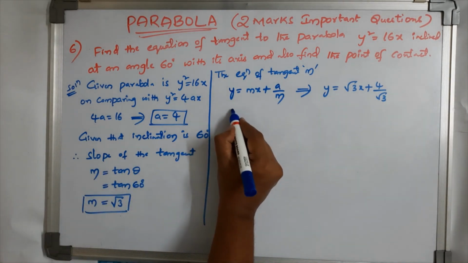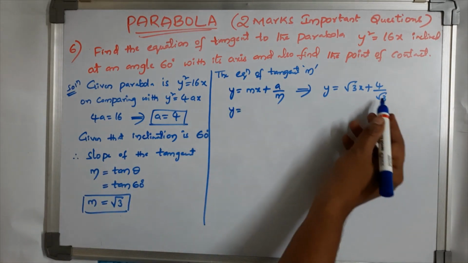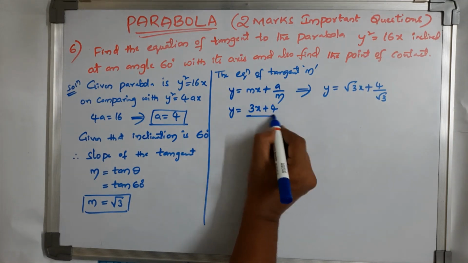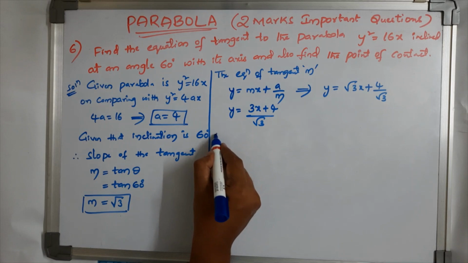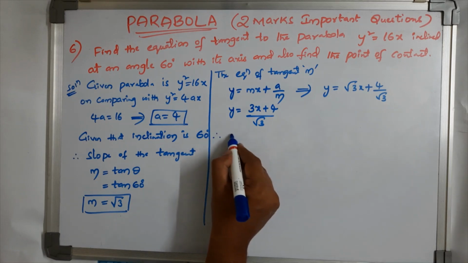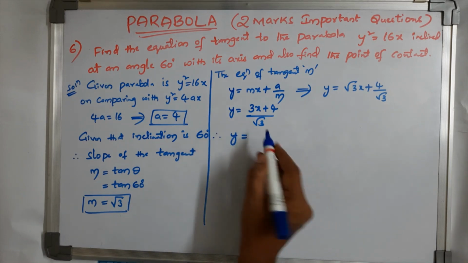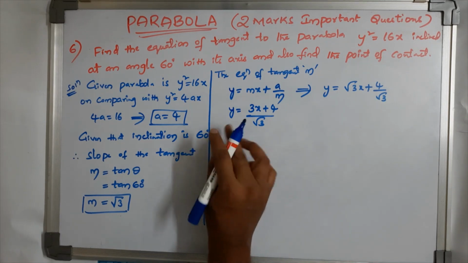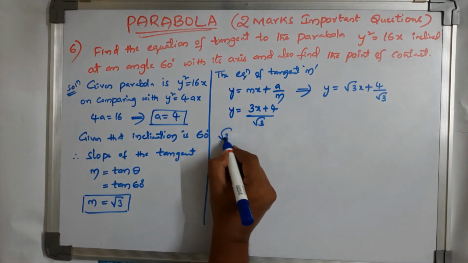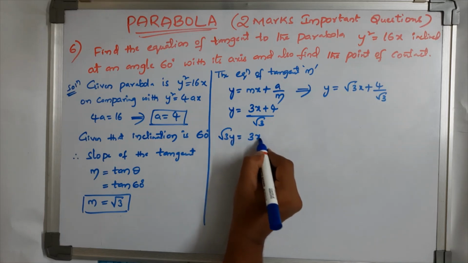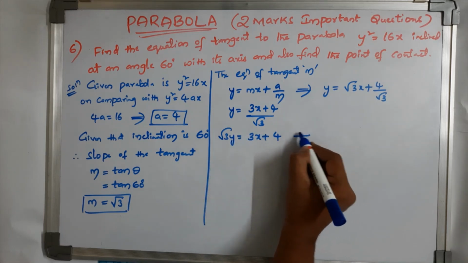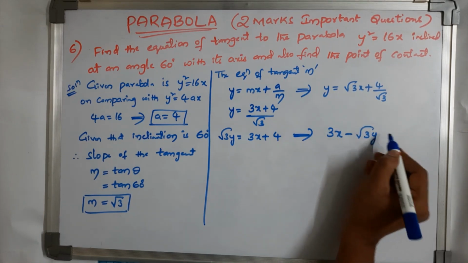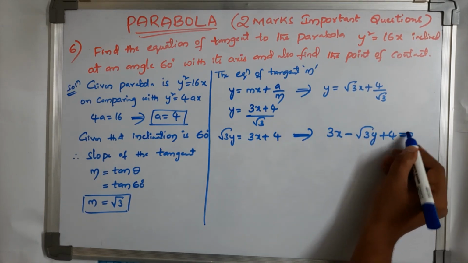Take the LCM: y is equal to 3x plus 4 by root 3. Therefore, the equation of the tangent is root 3 y is equal to 3x plus 4, or 3x minus root 3 y plus 4 is equal to 0.